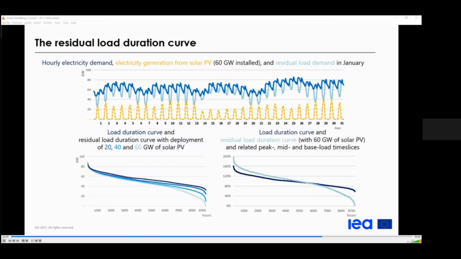Looking at this example of 60 gigawatt and focusing on it, we can see that it generally has a main structure, but steeper than the original load duration curve, with big differences for base load and for peak load generation. This is a peakier load duration curve that requires less base load production means.